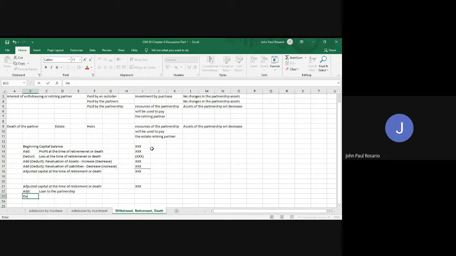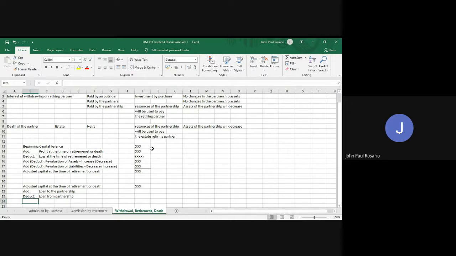We deduct the loan from partnership, meaning siya ang nangutang sa partnership. So this is on the asset side of the partnership and liability side of the partner.